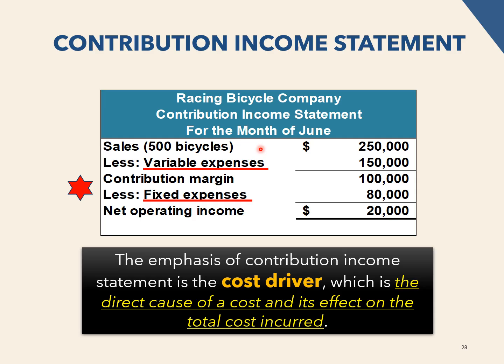In June, 500 bicycles were sold at $500 each, so the total sales is $250,000. Variable expenses are $150,000. You will get contribution margin, which is $100,000. Fixed expenses are $80,000. Then you will get net operating income, which is $20,000.